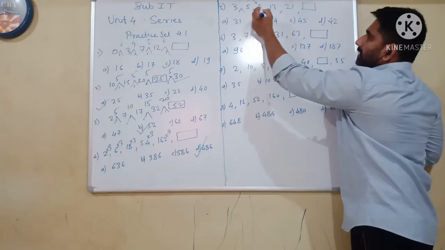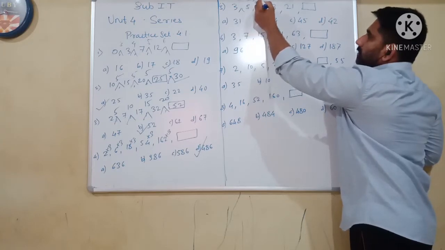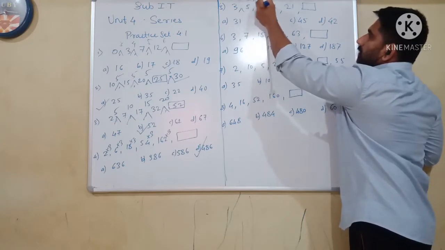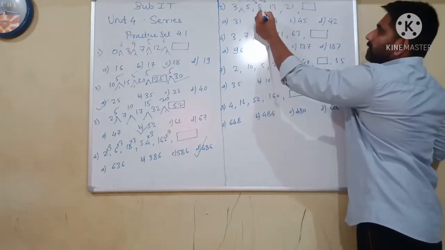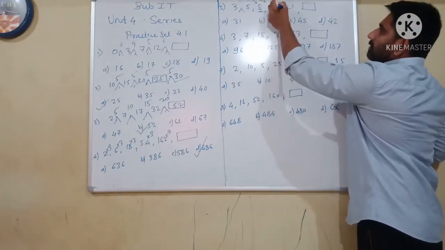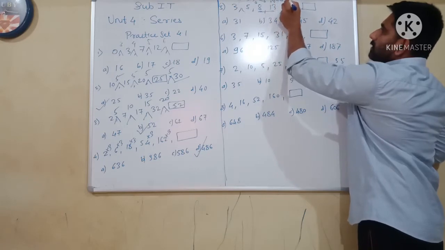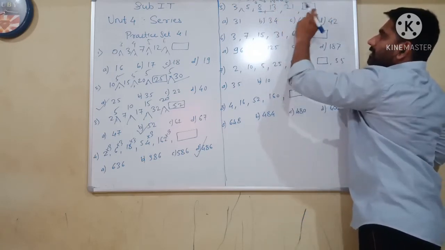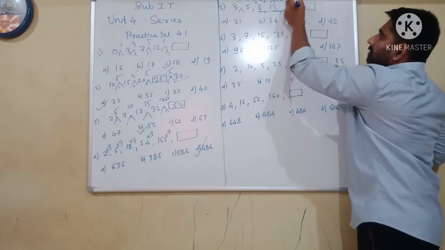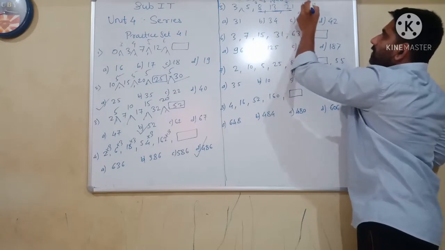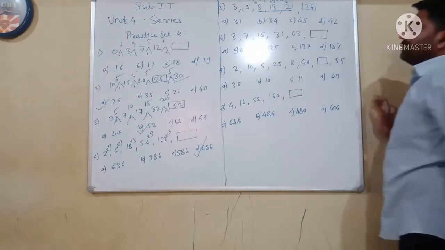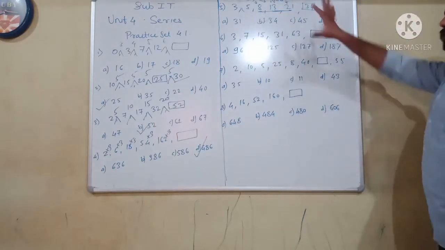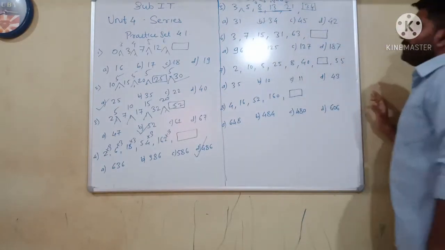Addition of 8 plus 5 is 13. Addition of 13 plus 8 is 21. Then next will be the addition of 13 and 21. 13 plus 21 will be 34. The option will be the second option. So these types of series are followed here.